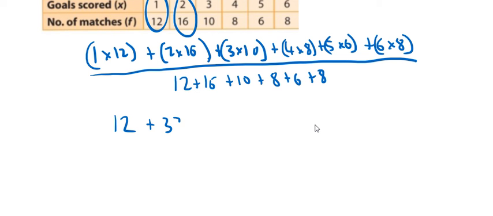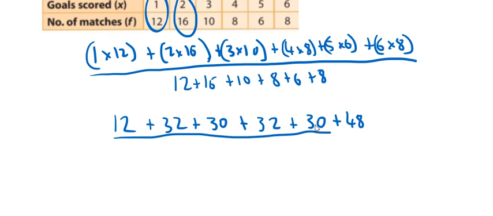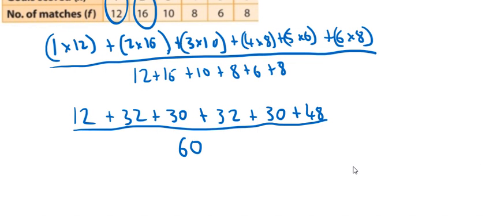So 32 plus 30, plus 4 8s are 32, plus 5 6s are 30, plus 6 8s are 48. On the bottom then, 28, 38, so we're getting 60. So there were 60 matches altogether.